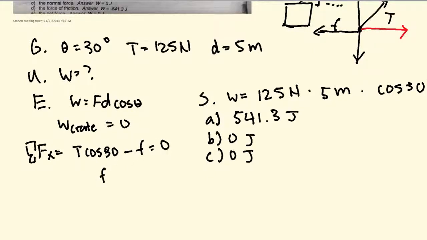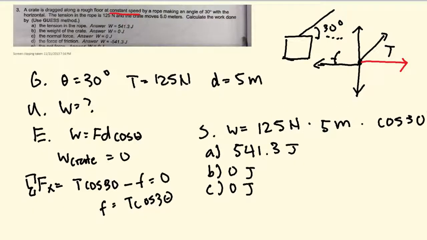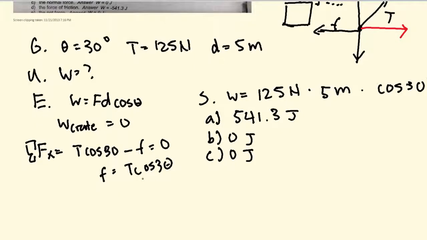So you know that frictional force is equal to T cosine 30. It's just in the opposite direction of the x component of tension. So it'll be the same thing as A, except negative.